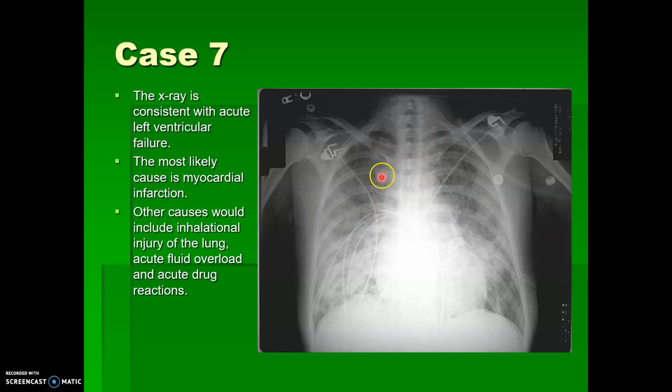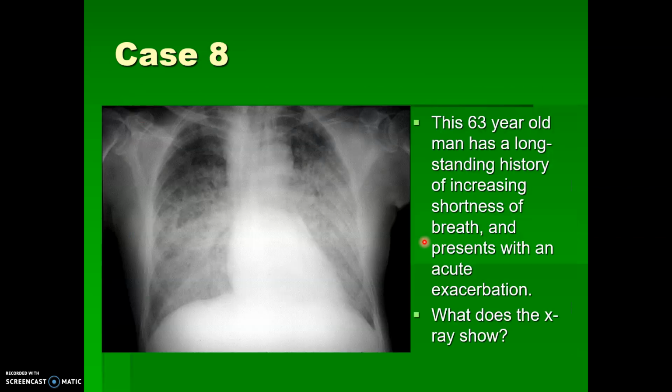You can see these vertical lines here, which suggests cephalization of the blood vessels. This would be consistent with left ventricular failure secondary to a myocardial infarction. We've given some other reasons in the text as well.